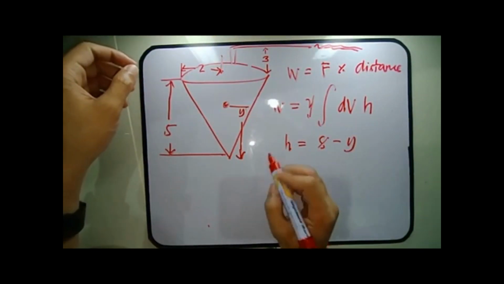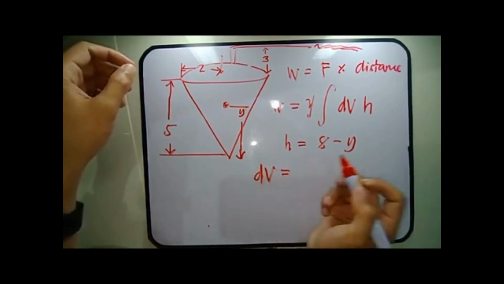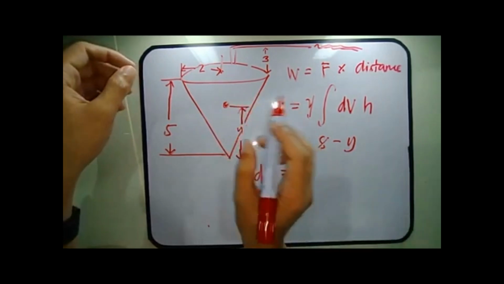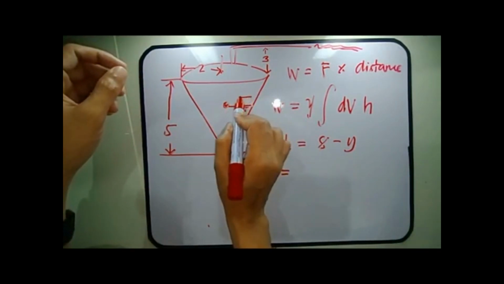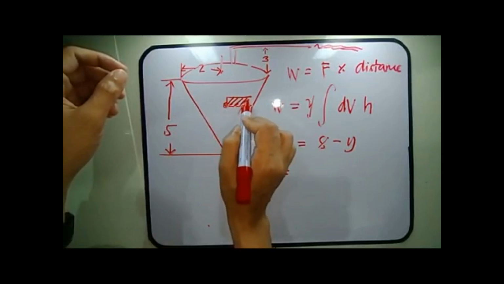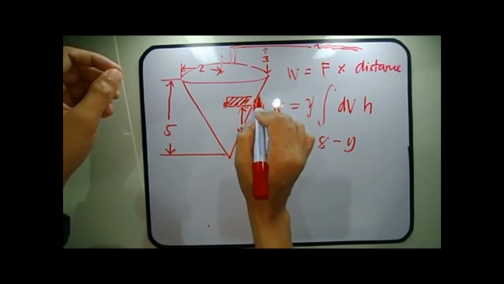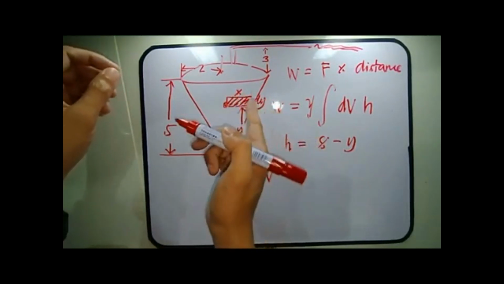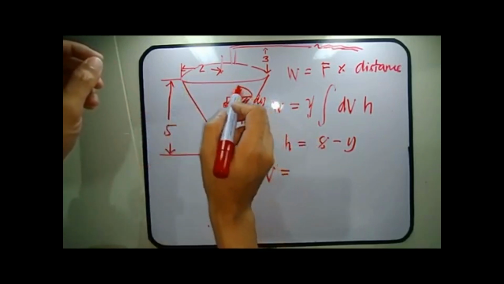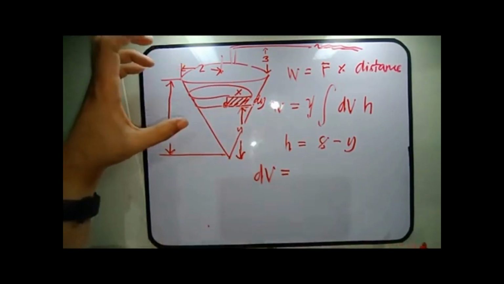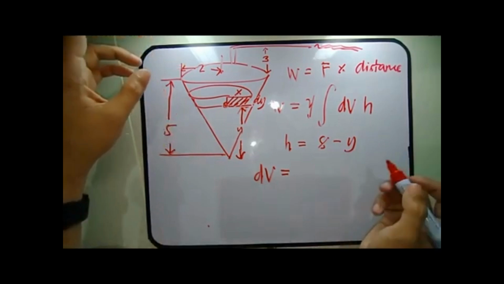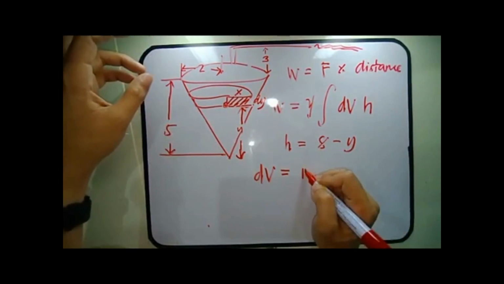Yung differential volume natin is taken from our differential strip. So ito yung differential strip natin. So this is horizontal. So this is differential of y and this is x. So i-rotate natin here. So makabuo tayo ng cylinder shape. So ang volume niya is, you have here pi.